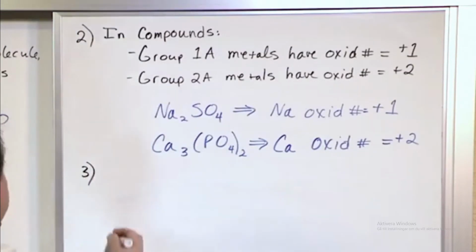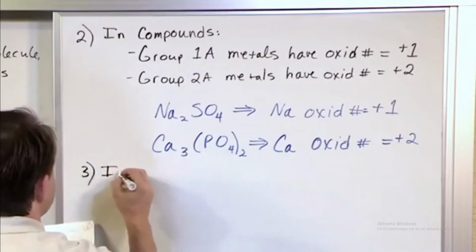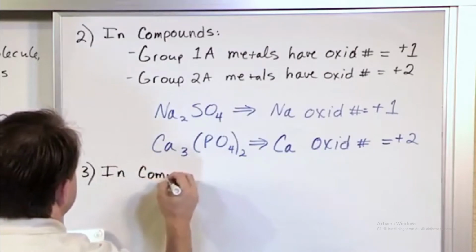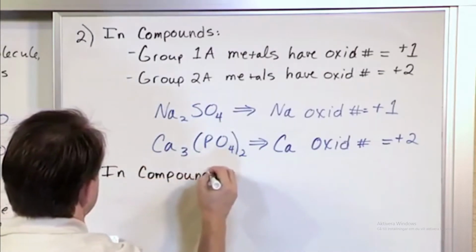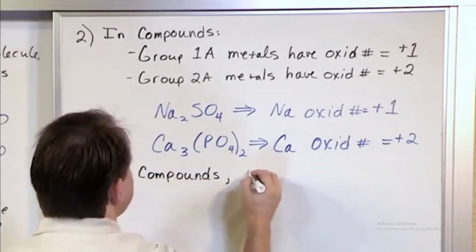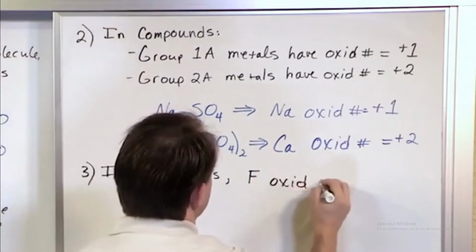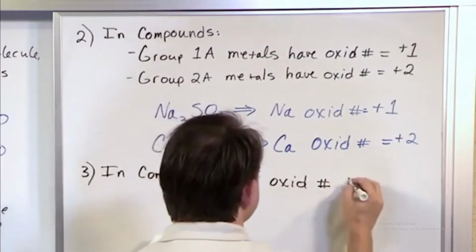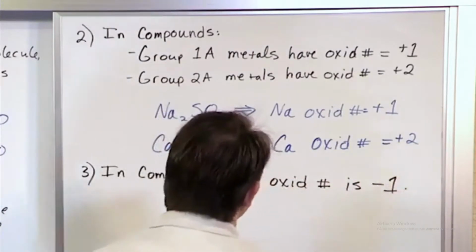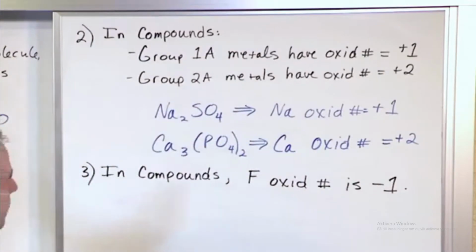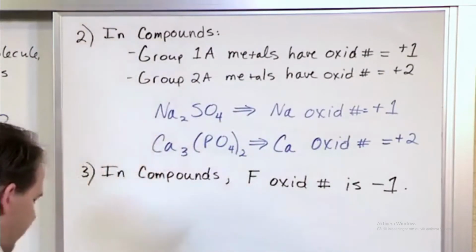Rule number 3. In compounds, fluorine F oxidation number is -1. That's important enough that it goes off by itself. Fluorine is always going to have a -1.